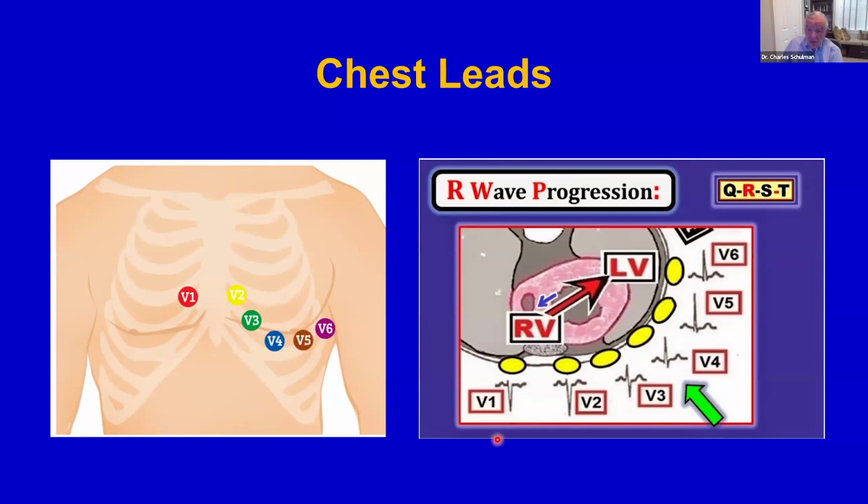When you go from lead V1 to V6, there's something called R wave progression. The R waves, here's a little one, here's a little bigger, here's a lot bigger, and they grow until about V5, which is usually where the highest is, but it's sometimes V6.